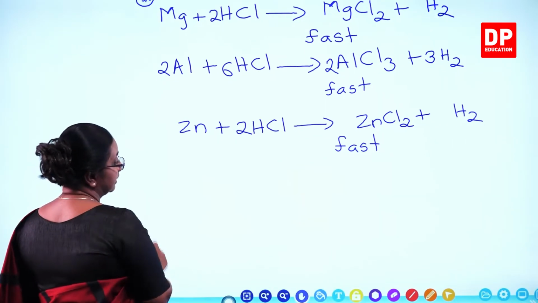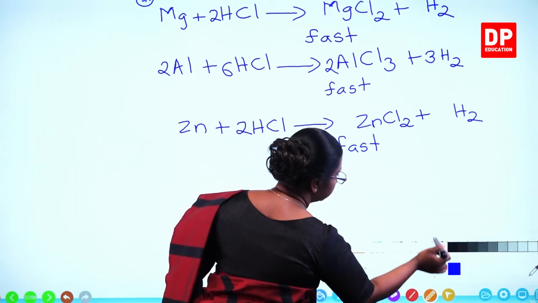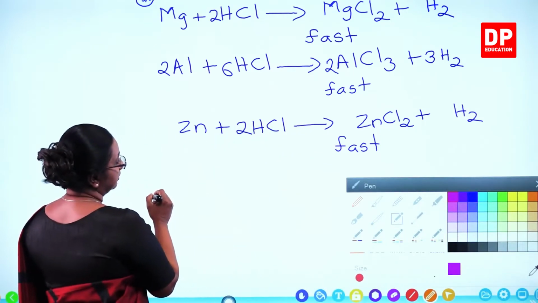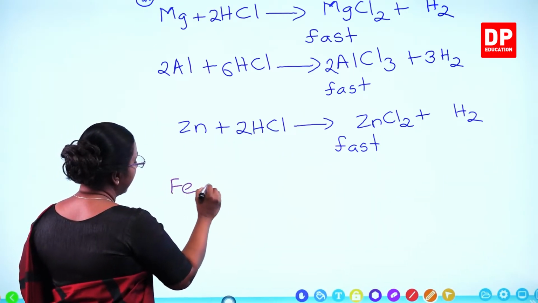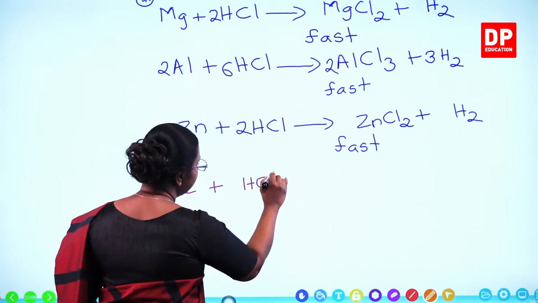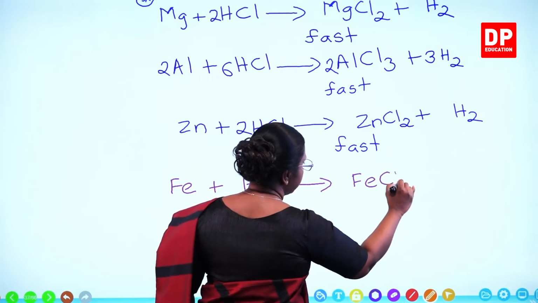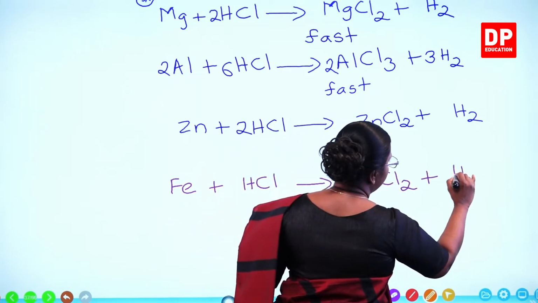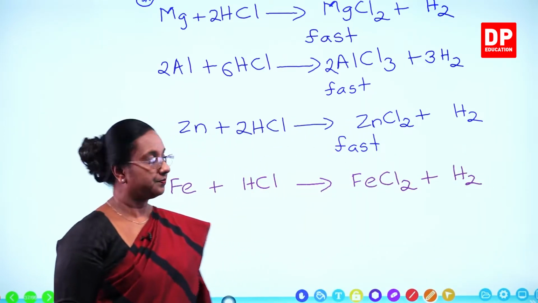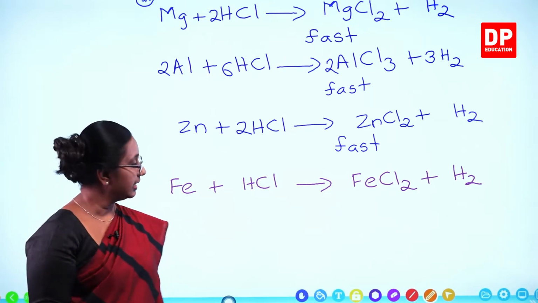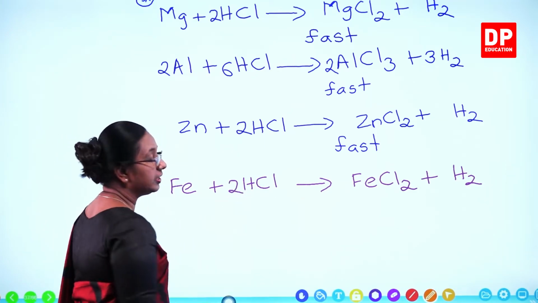Then we had iron. If you remember, iron with HCl produces FeCl2 and H2 gas. So here also we need to put a 2 there.